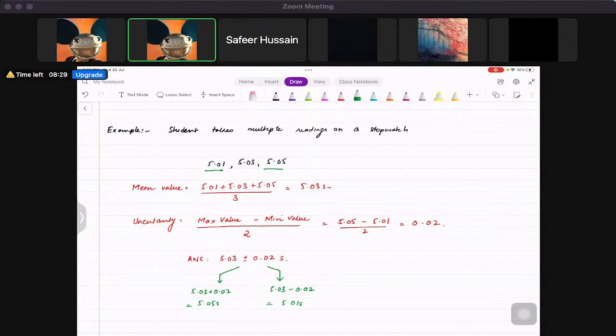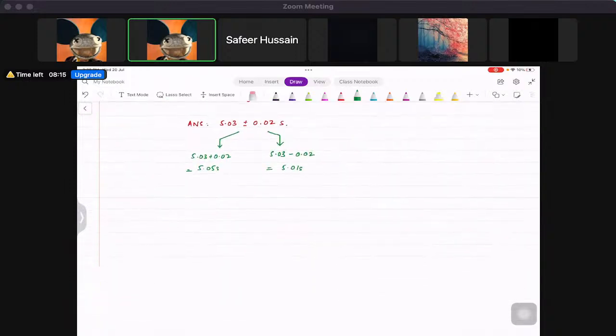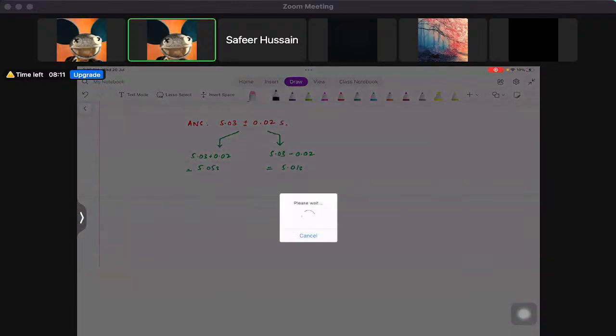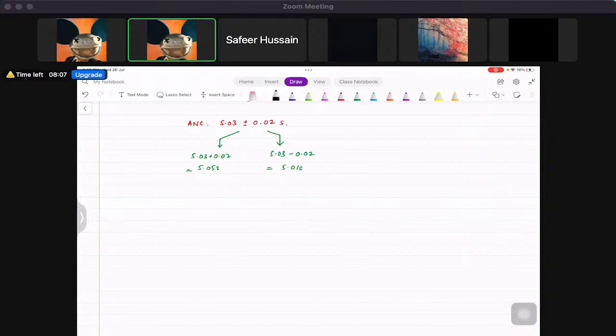Now there are a couple of ways we can actually write it down as well. For example, there are three ways of writing it. So the first way is basically writing uncertainty in the absolute way.